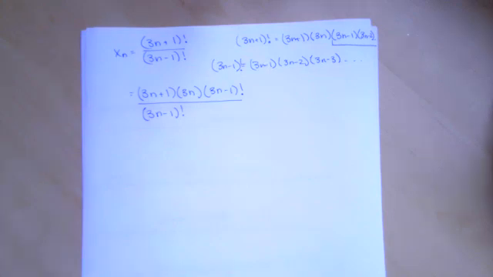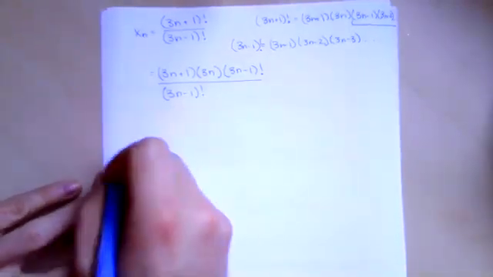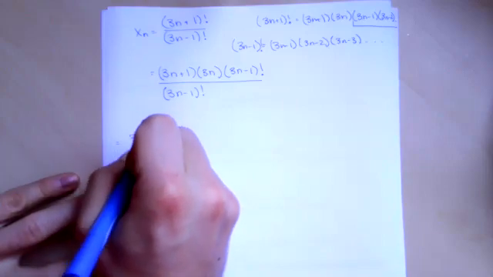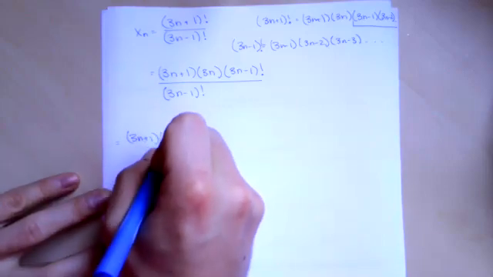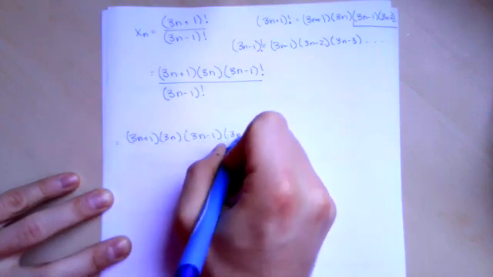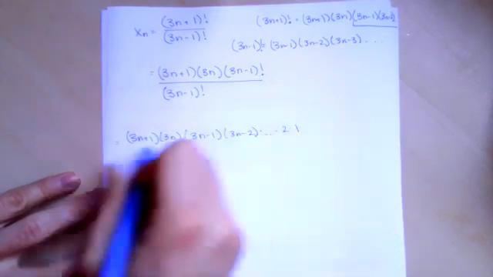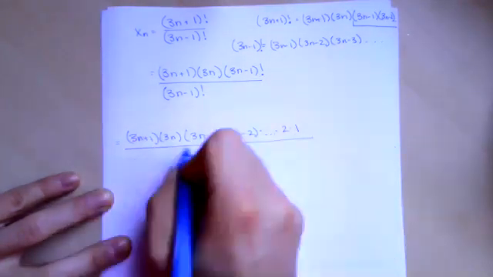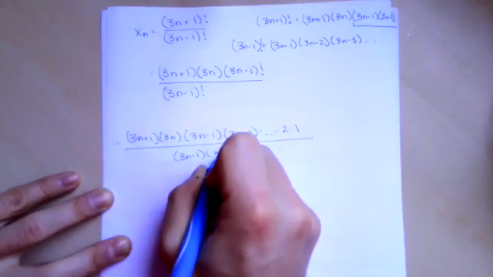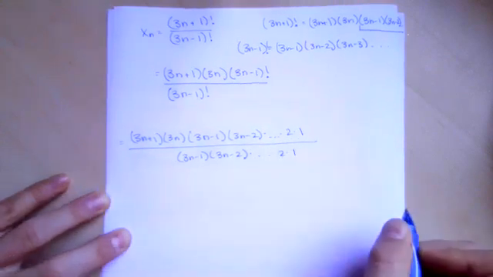Does everyone see that? So let me write that. I'm kind of running into the wall there. Really, if we wrote all this out, we'd have 3n plus 1, 3n, and then all the factorials, 3n minus 1, 3n minus 2, all the way down to 1. Whereas the denominator, I've got 3n minus 1, 3n minus 2, down to 2 times 1.